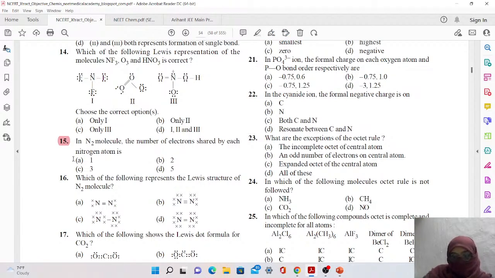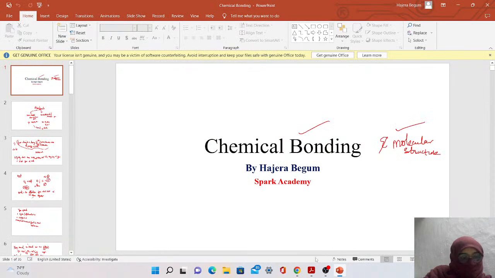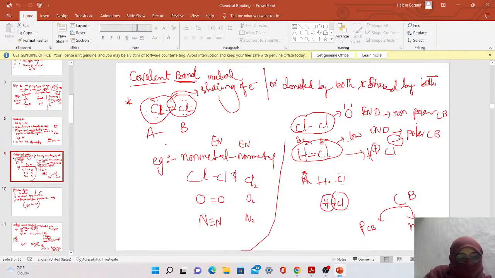So they are asking between 2 nitrogen atoms, how many electrons are shared by each nitrogen atom. So each nitrogen atom is sharing how many electrons? I told you in the chemical bonding concept that nitrogen forms 3 bonds, right? Somewhere else in the covalent bond, you can see that nitrogen is forming 3 bonds.